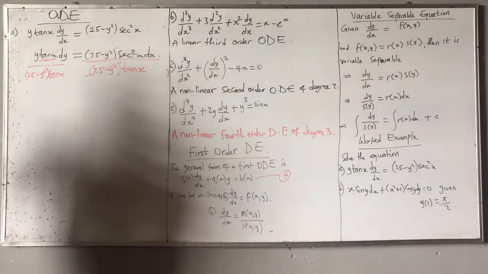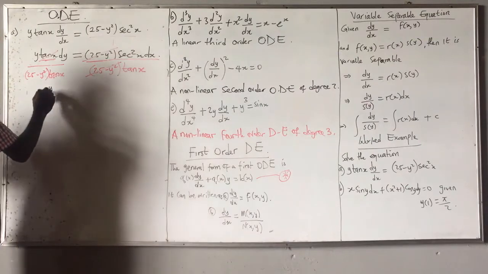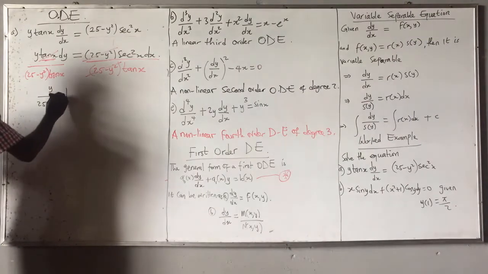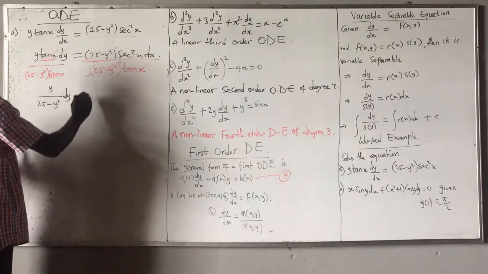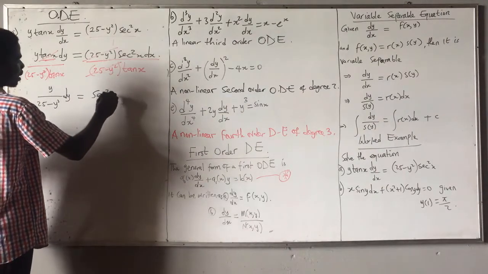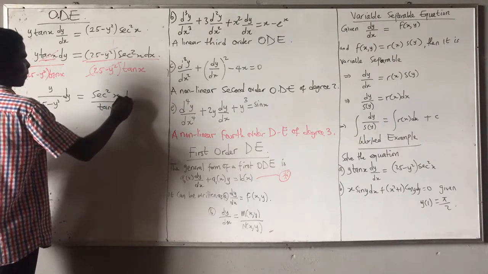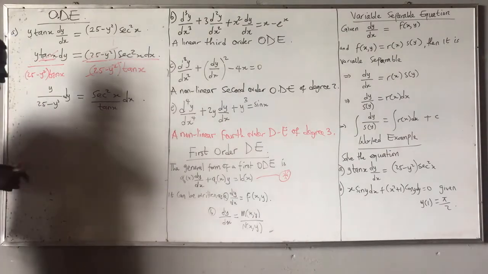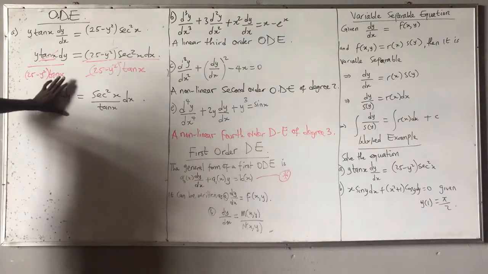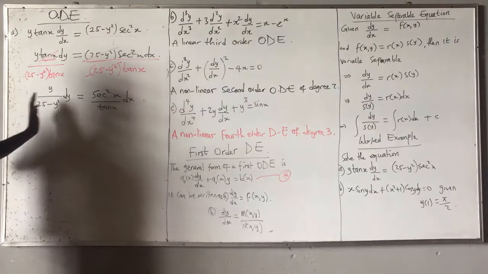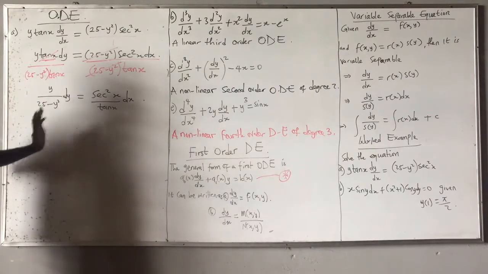So you see that I'll actually be left with y over (25 minus y squared) dy is equal to what? sec squared x over tan x dx. If you look at it now, the whole of everything here is just y, everything here is x. I have separated the variables. That's the meaning of separating the variables.